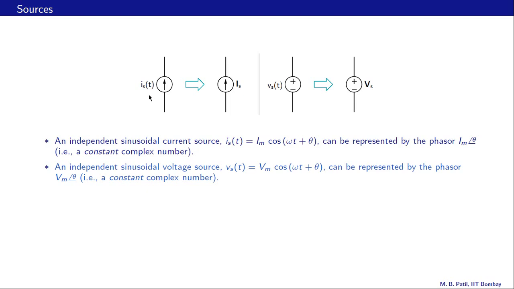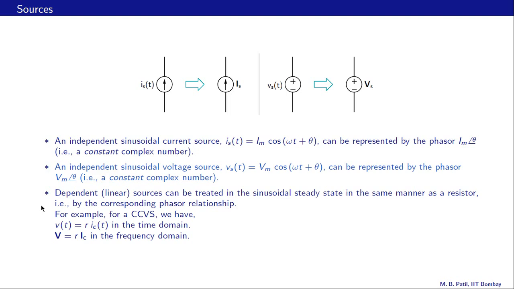So we have this source in the time domain and the corresponding phasor in the frequency domain, and that Is is a constant. Similarly, an independent sinusoidal voltage source Vs of t equal to Vm cos(omega t plus theta) can be represented by the phasor Vm angle theta, that is a constant complex number.